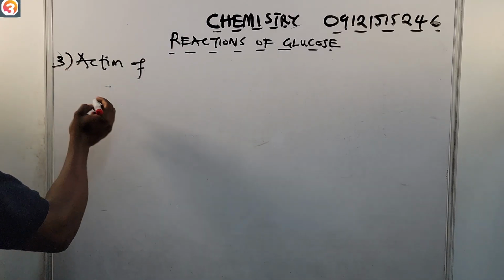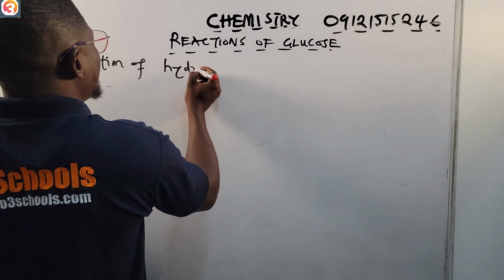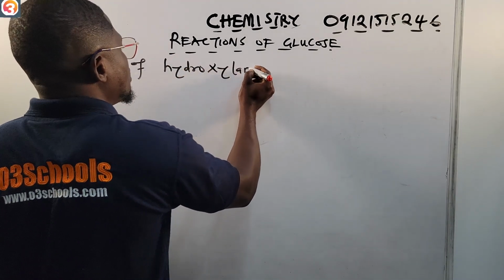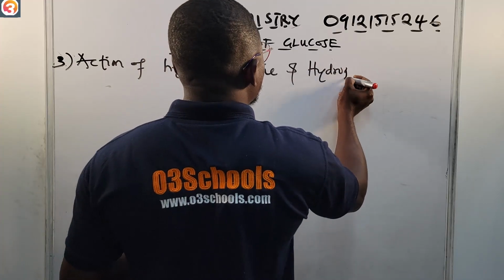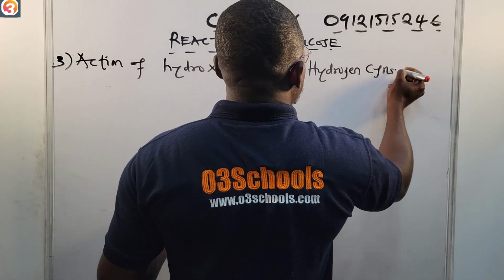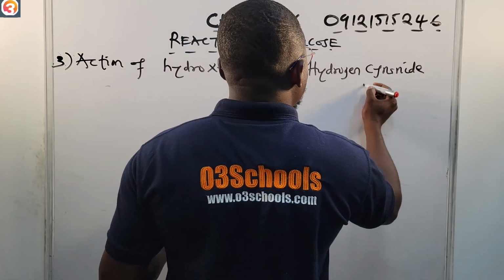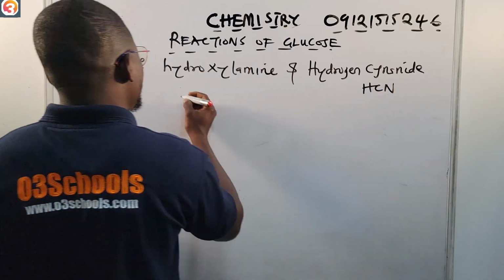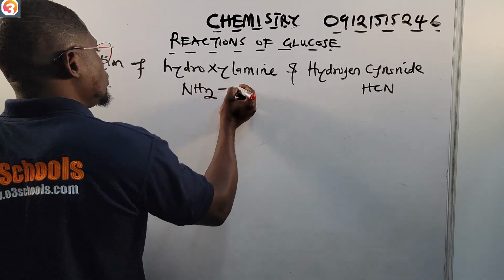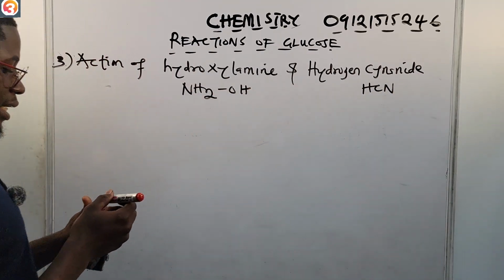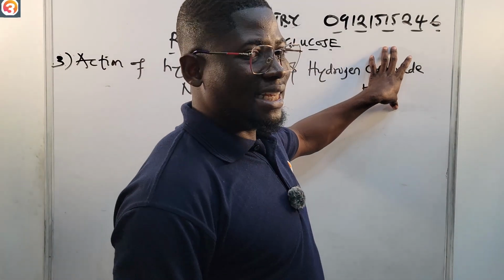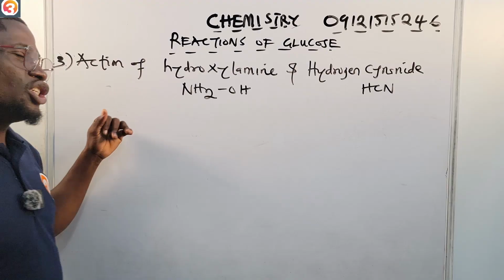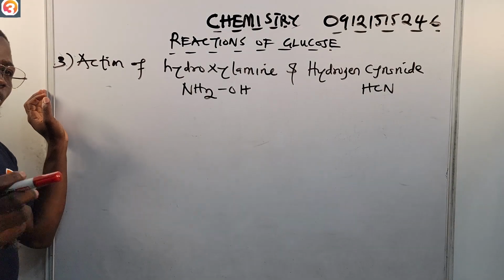Hydrogen cyanide is HCN. Hydroxylamine is NH2OH. The action of hydroxylamine and hydrogen cyanide is another reaction that glucose undergoes.